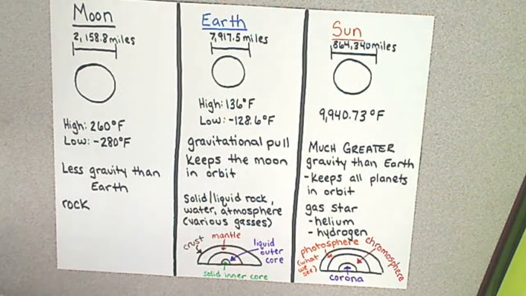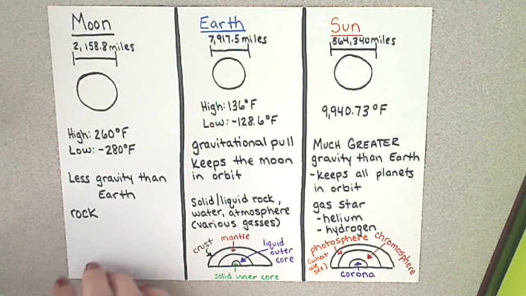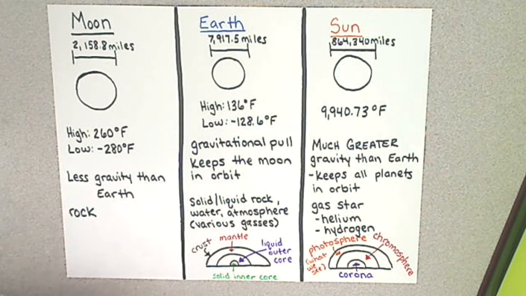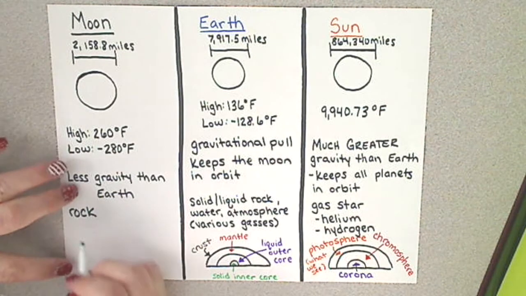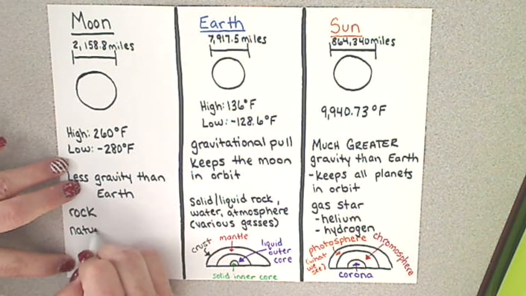Now, because the moon is solid rock, there's really not layers to it like the Earth and the sun have, which is why we're not drawing a model for this. One thing I do want you to note for the moon is that the moon is what is called a natural satellite.